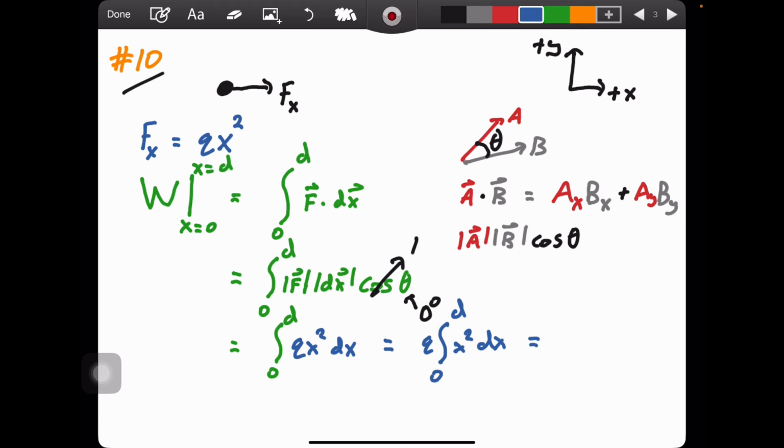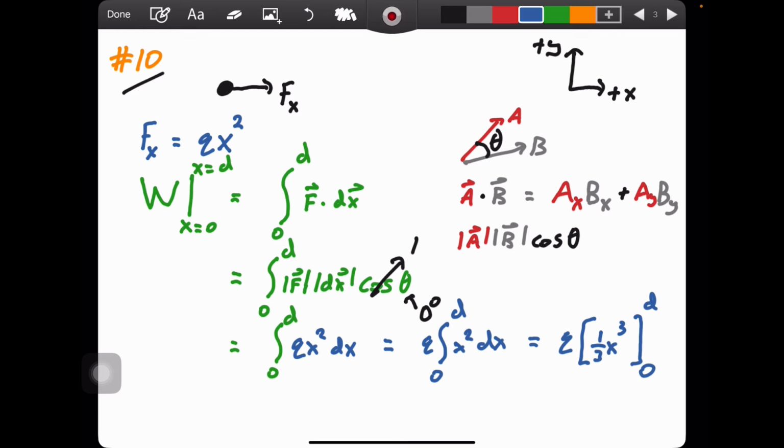Now I'm going to actually compute the integration such that I have q, and then I'm going to have 1/3 x cubed. You can imagine if I took the derivative of that, the 3 would come down, so 3 over 3 would be 1, and then it would go to x squared. So that's why I have the 1/3 x cubed. And that's going to be evaluated from starting at 0 to d.